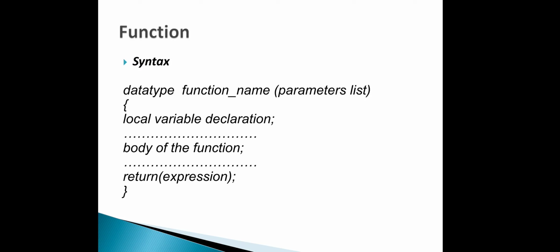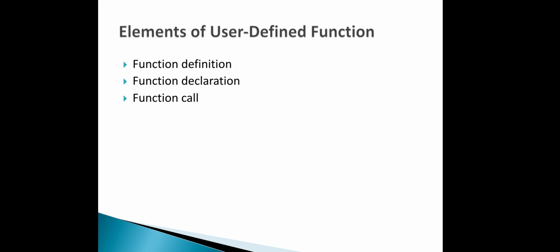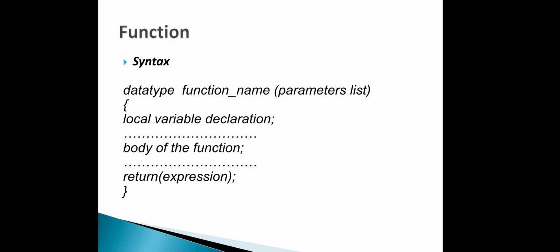What are the sections included in this function definition, we will see. A function definition is a program module written to achieve a specific task. Each function definition consists of two parts: function header and function body.